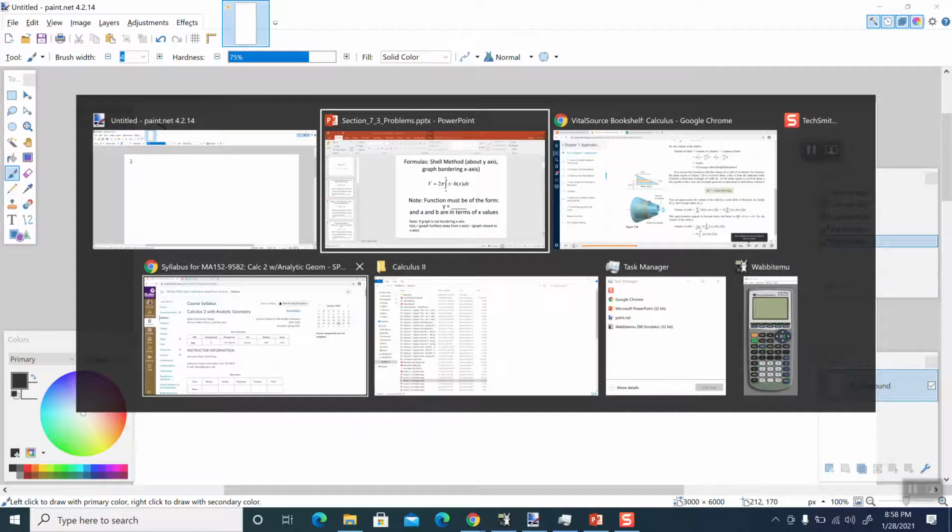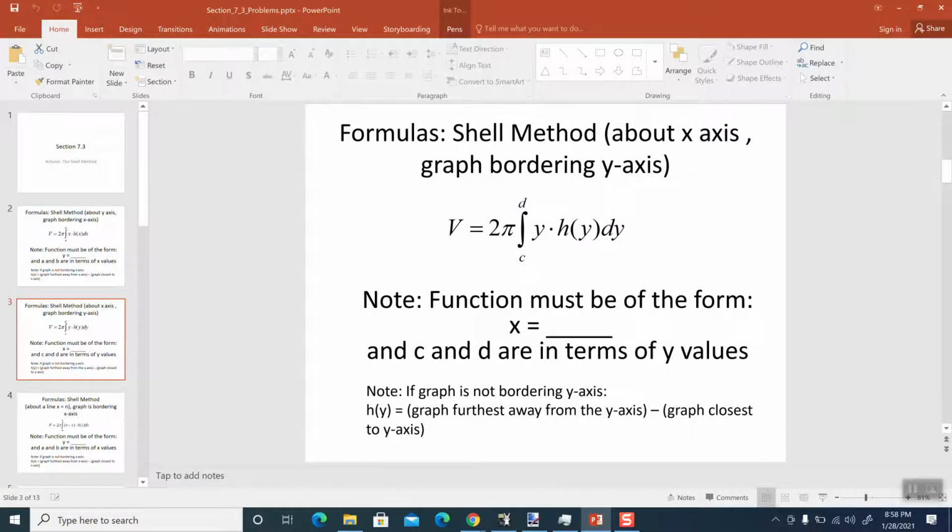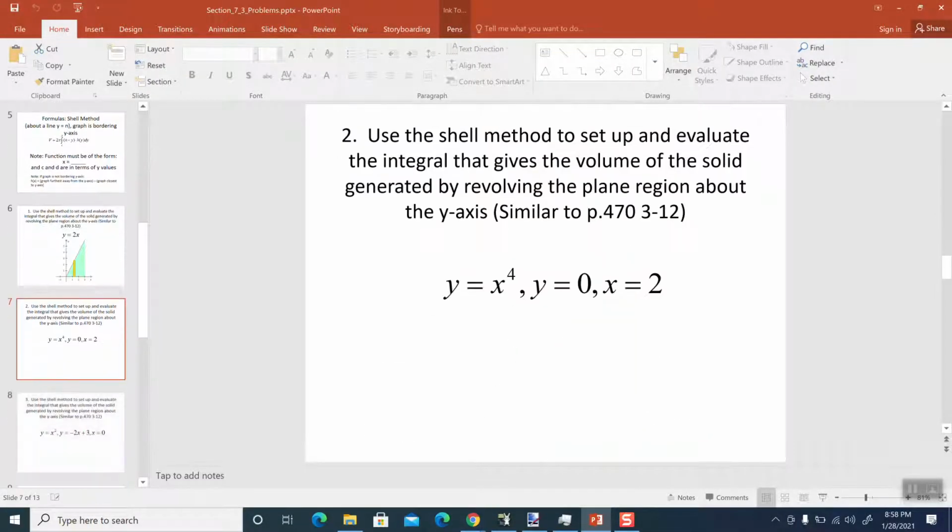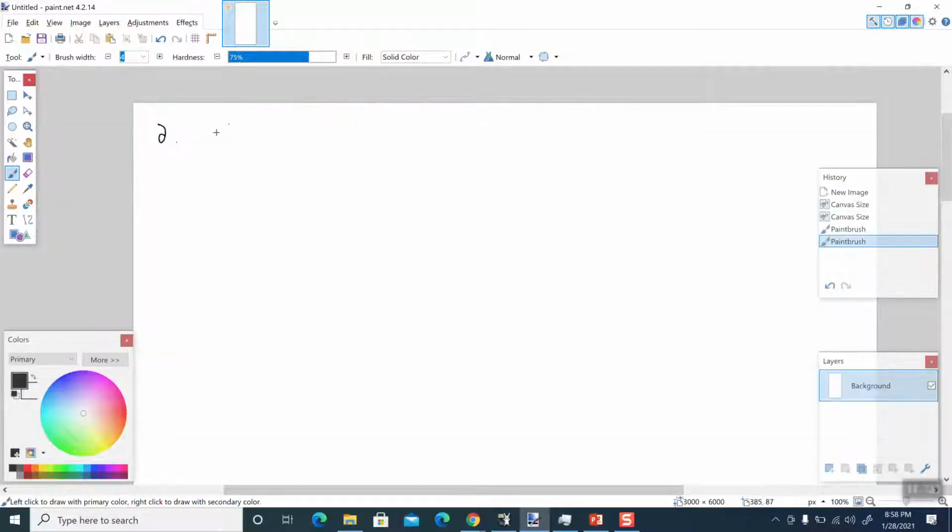Okay, number 2. So y equals x to the fourth. Y is equal to 0.